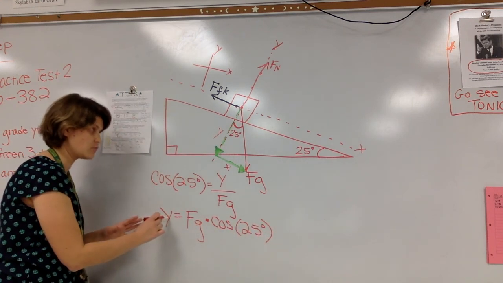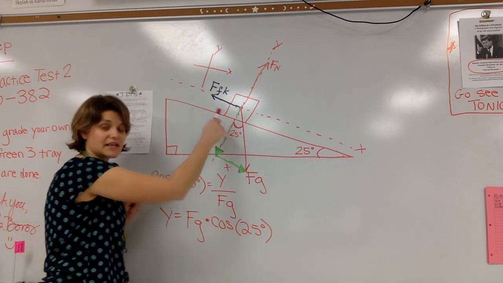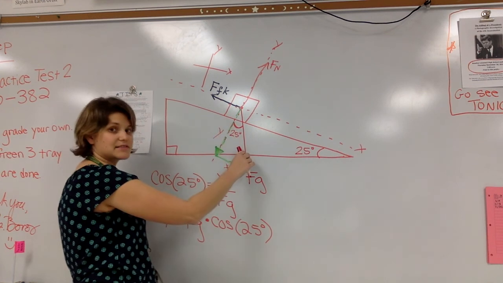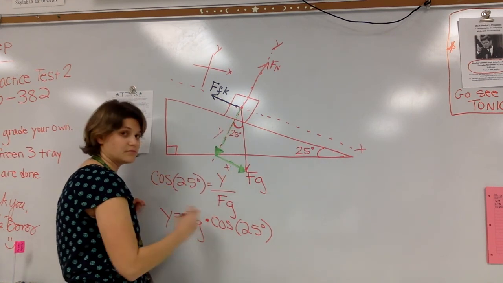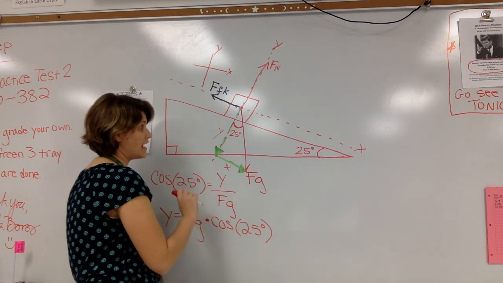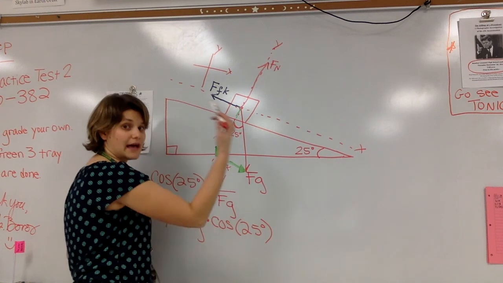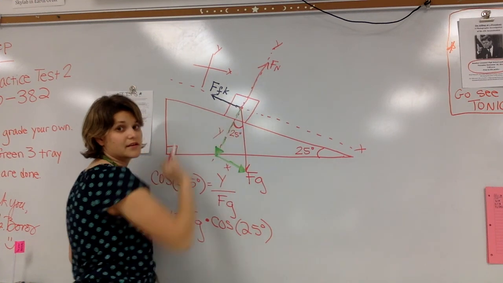So if you have this y, then we know, remember that since this is acting in quadrant 4, x is positive but y is negative, so that's going to be negative whatever this value is. I'm not going to calculate it for you. That number then, as a positive number, is going to be my normal force.